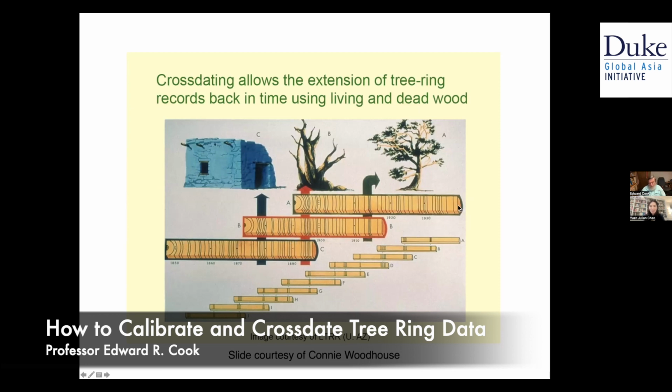If we know from a living tree the exact annual years of formation of the tree ring series, because the tree is living, then we can use that process of cross-dating to lock in exactly the timing of when the timbers were cut, for example, for this archaeological dwelling, or from this ancient dead tree. And this is what enables us to push the records back in time, thousands of years in some cases.